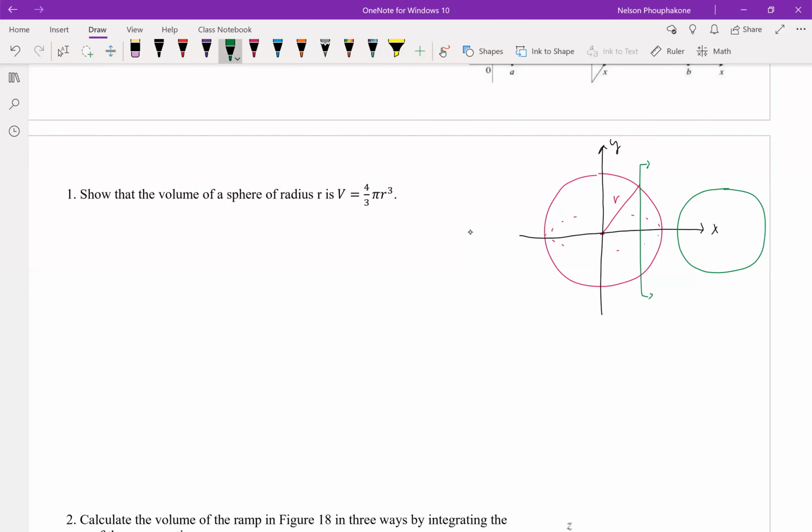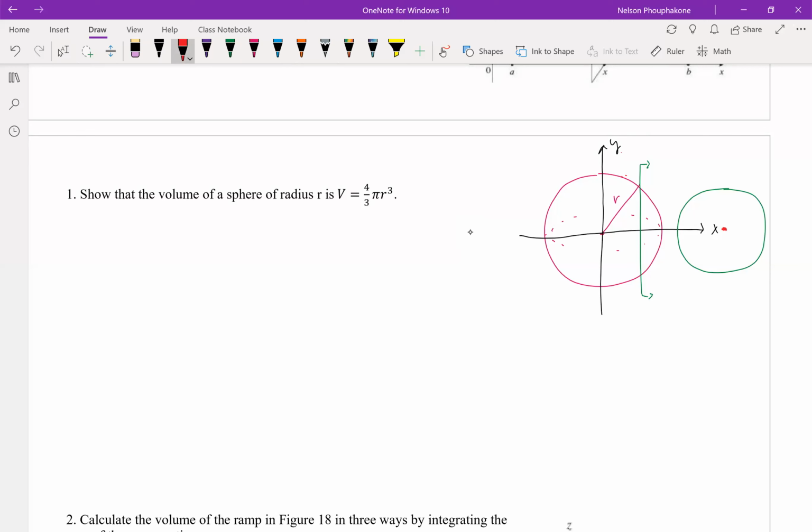If you cut it right here, your cross section is again still a circle. No matter how you cut it, the cross section is always a circle. If you understand this, which is great.